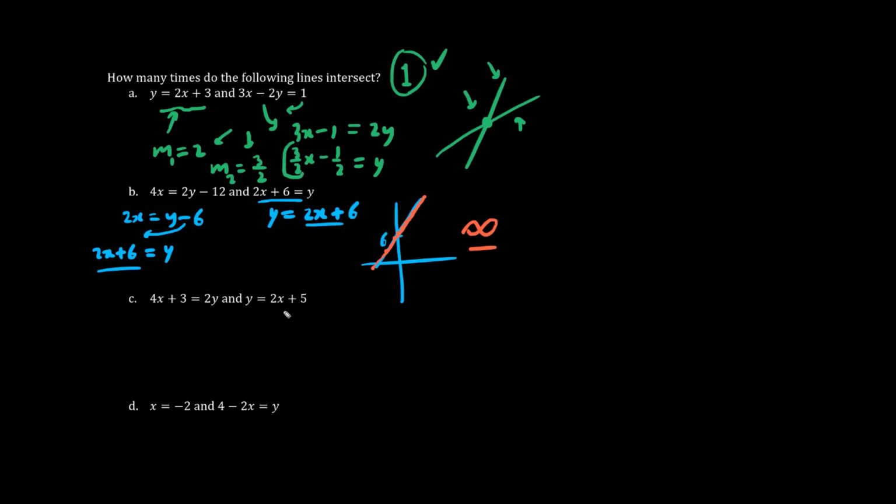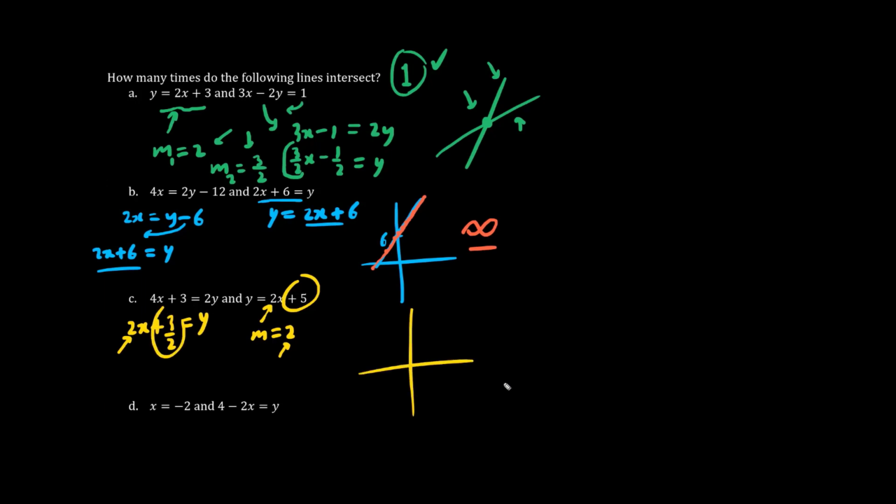Now let's focus on the third system. We see the slope here for this line is 2. Now what about this line here? Let's divide by 2. We have y equals 2x plus 3 over 2. We have the same slope, 2, but different y-intercepts.